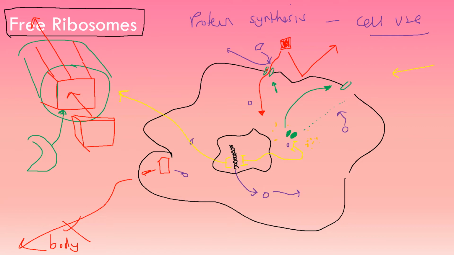So now we have a receptor protein on the cell membrane that we wanted, which will then allow these red squares to get in. And that is what a free ribosome does. It produces protein for the cell itself, not for export.